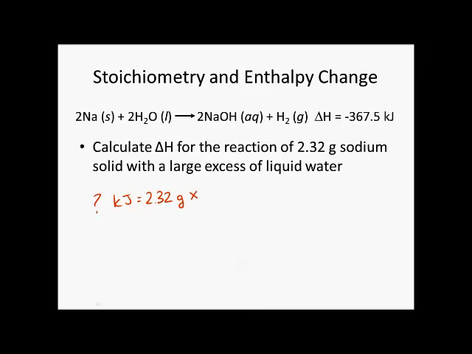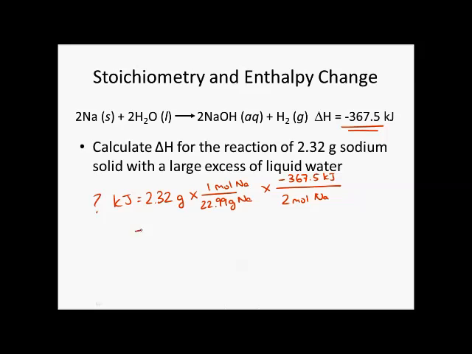And then what this amount means is that this is the amount for 2 moles of sodium, and hence I need to convert grams into moles. 22.99 grams of sodium is 1 mole of sodium, and for every 2 moles of sodium the change in enthalpy is negative 367.5 kilojoules.